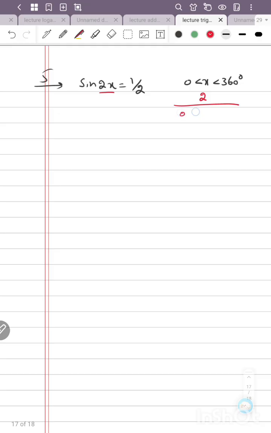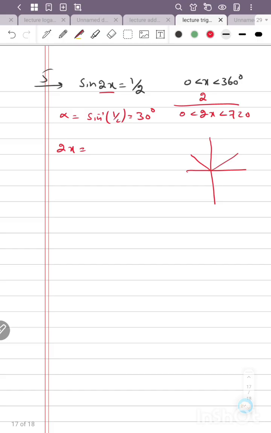We get 0, 2x, and 360 multiplied by 2 is 720. Alpha is sine inverse 1 by 2, and we get the answer 30 degree. Okay, next we write 2x equal to; sine is positive in the first and second quadrant.